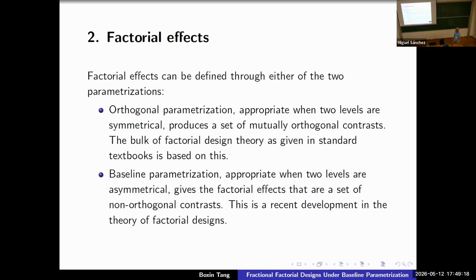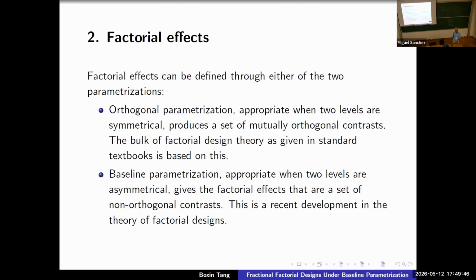Factorial effects. As I said, we can define factorial effects using either orthogonal parameterization or baseline parameterization. Orthogonal parameterization works properly when the two levels are symmetrical, and it produces sets of orthogonal contrasts.